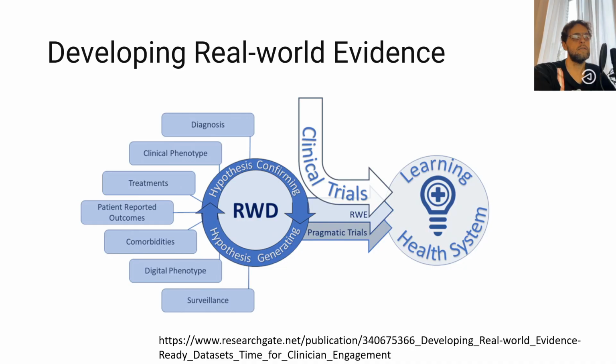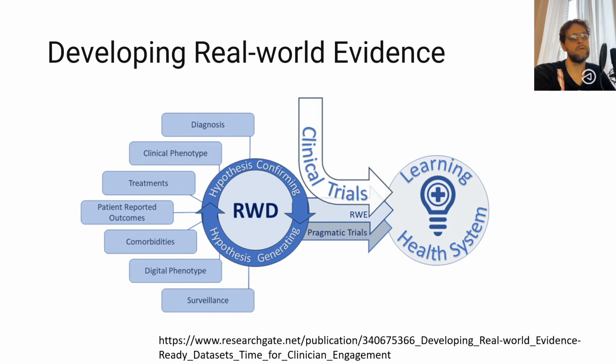And of course, we have a certain position for this data in the life cycle of treatment and medical product utilization. So we have a certain hypothesis if this product will improve treatment of a certain disease. And using this data, we can confirm that it's really working in a large population.